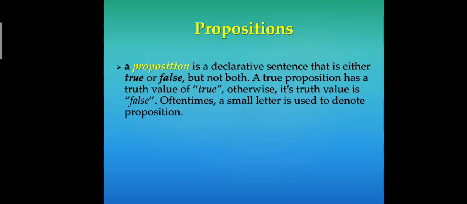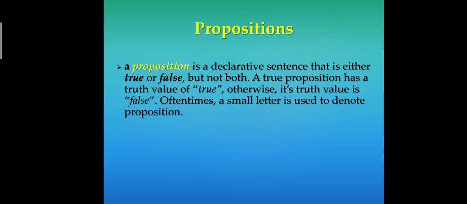Recall that when we say declarative sentence, it is a sentence that makes a statement, provides a fact, offers an explanation, or conveys information. And also, it is either true or false, but not both. So let's focus more on the statement but not both.